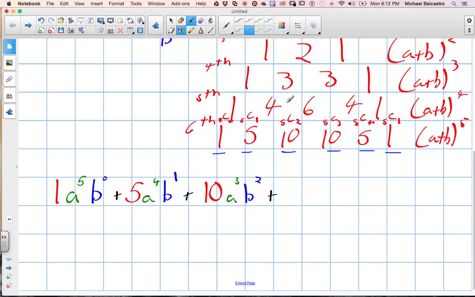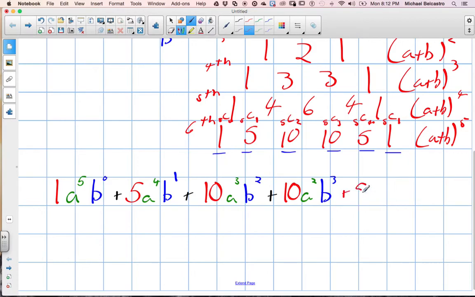Wait, if we're decreasing the a term, wouldn't it be 4? We did 4 right here. We had a5, a4, a3. So the next one after 3, we'd have a2, and because we're increasing b, 1, 2, 3, this would be b3. And we continue that.